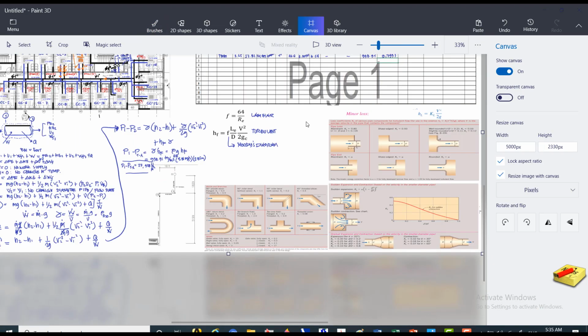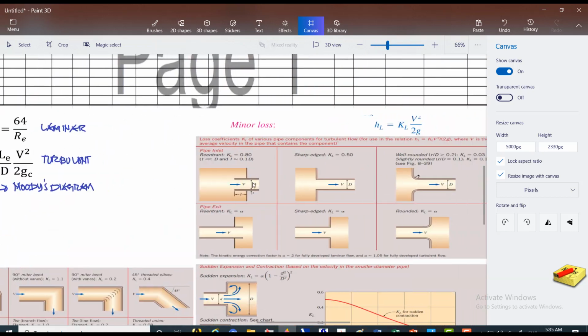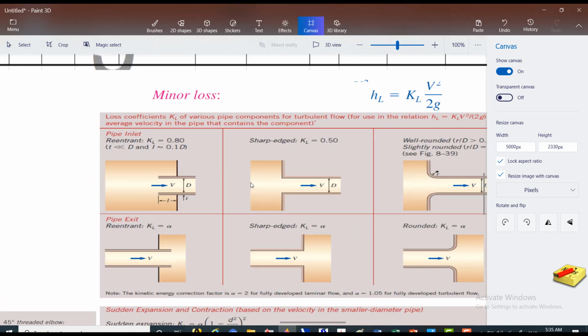Okay, so for the friction factor that was used here, we'll be referring to this one. Okay, so we have your minor loss.